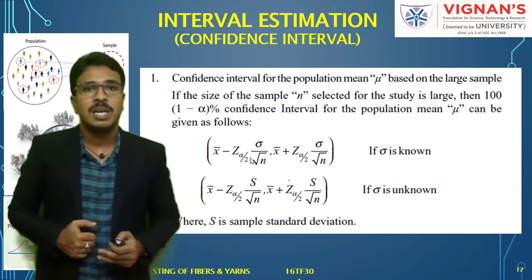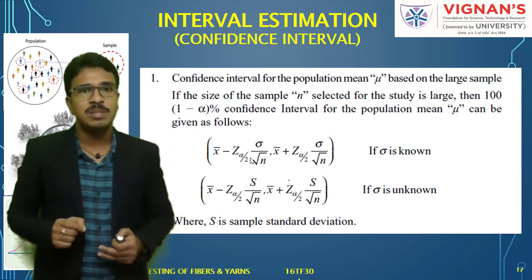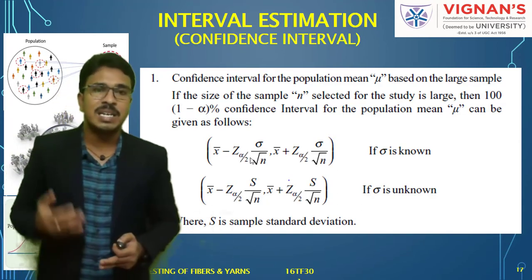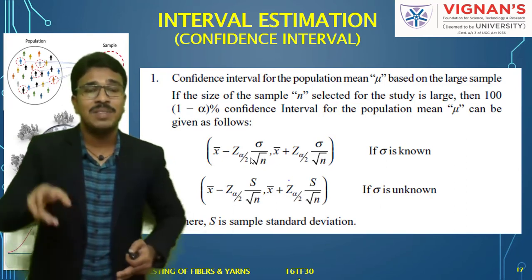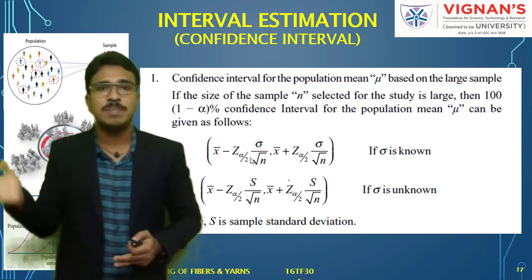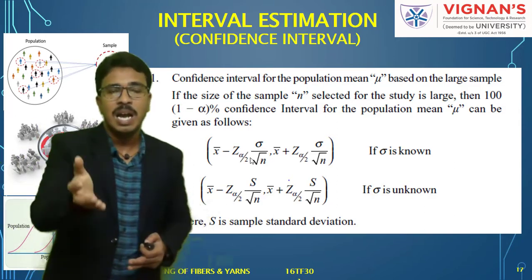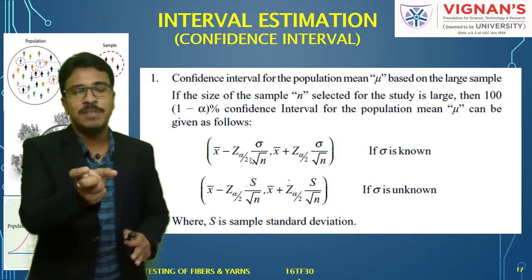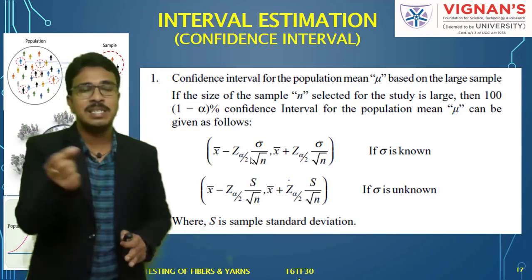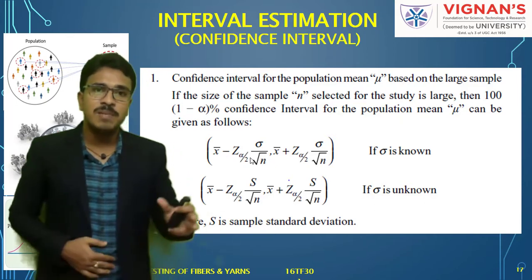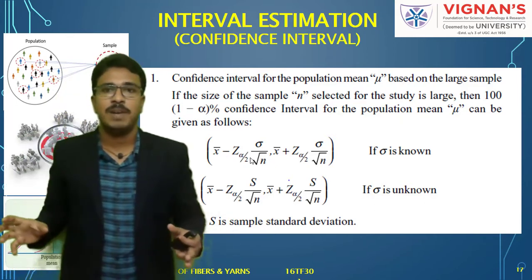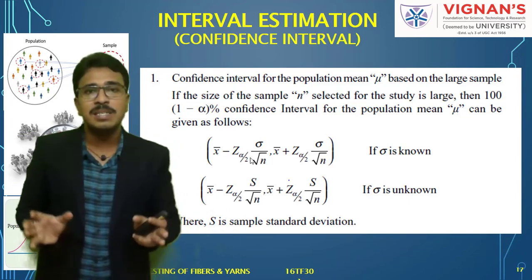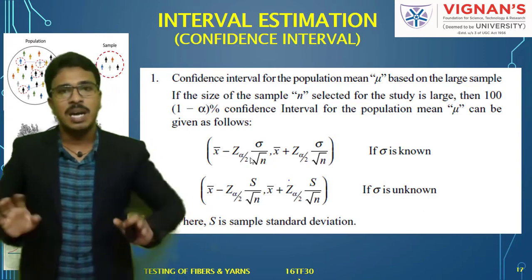Based on the alpha values, say for example the confidence interval 95%, 99% or 90%, we substitute the z values from the table and simplify. Since the first formula has minus and the second has plus, we get a lower value as well as an upper value, so we can say that the unknown population parameter is between the lower and upper limits.